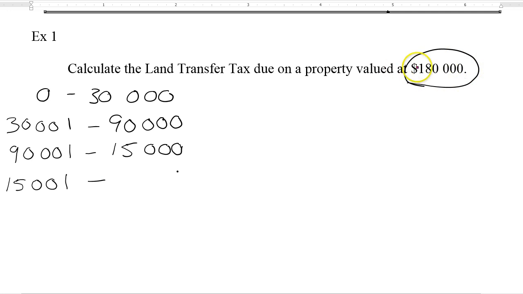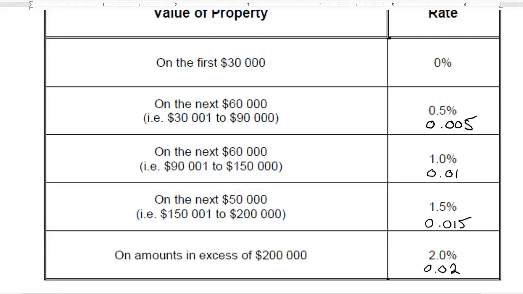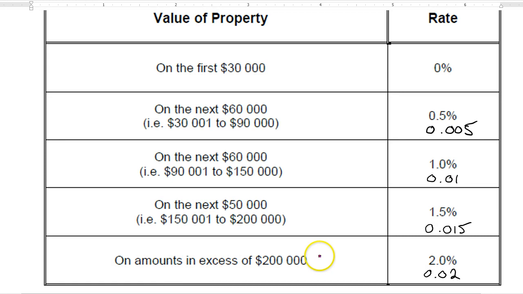So I cap out at the value of my house, 180,000. Sorry, I missed a 0 here. We'll throw that in. So once I cap out at my house value, 180,000, I don't go any further. I don't make it to my last bracket because it's in excess of 200 grand. With a more expensive house, I would make it over here.